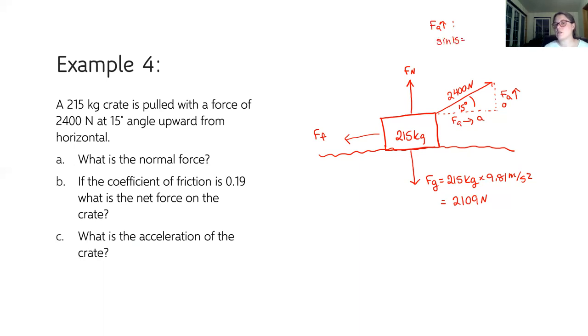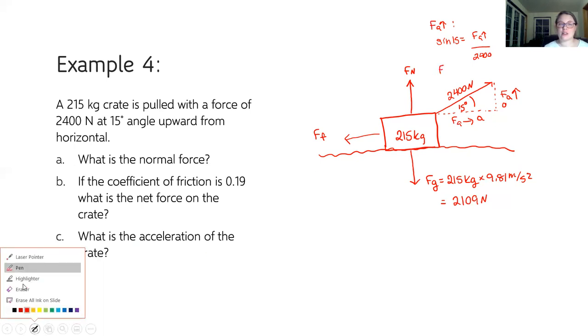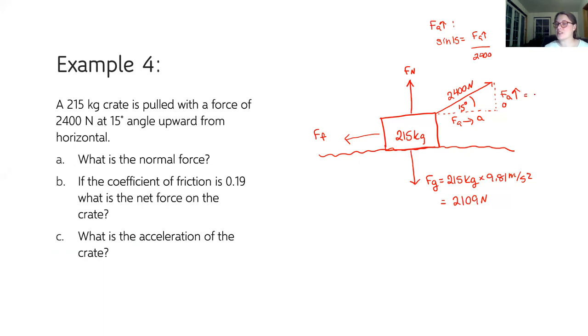So the sine of 15 is equal to the opposite force, so the force applied upwards, divided by 2400. That means our force applied upwards is equal to, I'm going to rearrange this, so we multiply by 2400.